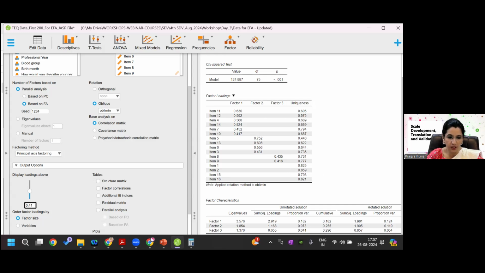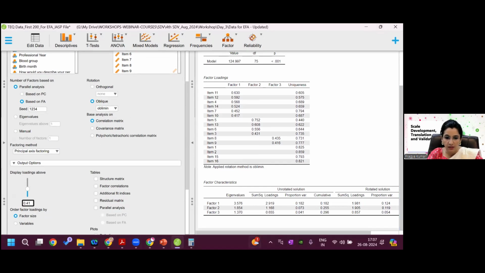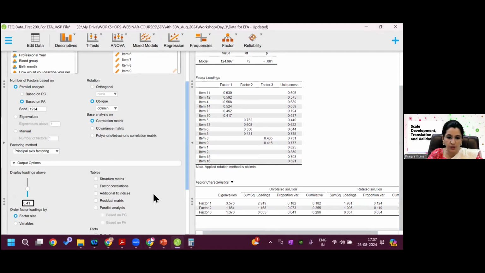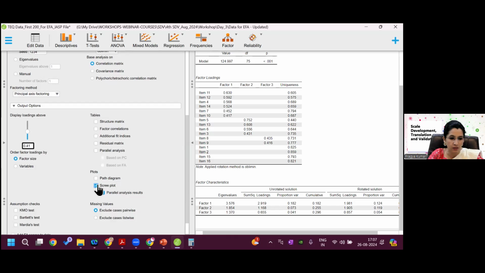Now coming to the other part of the explanation. If you see this, these are the factor characteristics. Right now I have not clicked this. So you can click on the scree plot and parallel analysis result.